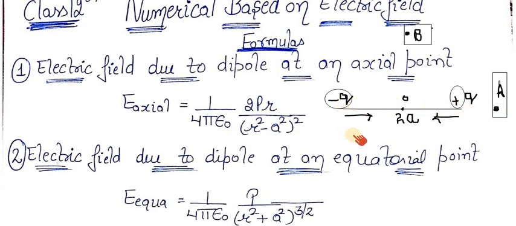From minus q the distance is this much, but from plus q the distance is this much. So these two distances are not equal. Now come to the equatorial point. As you see, if you join the lines, minus q to B and plus q to B, these two are equidistant, right? So you have to apply the formula for the equatorial point in the numerical below, right?